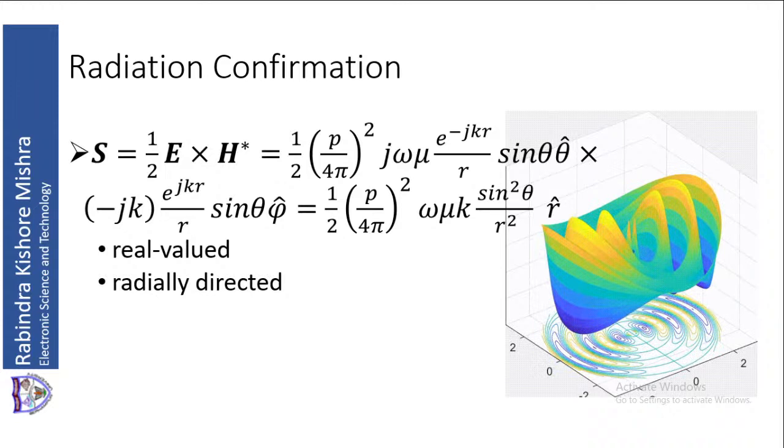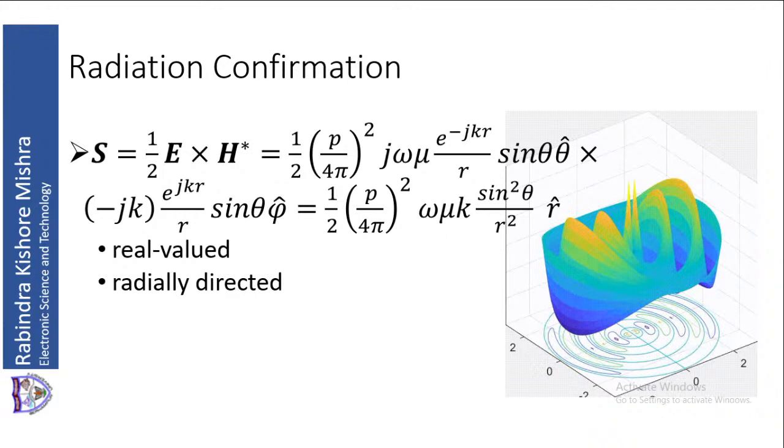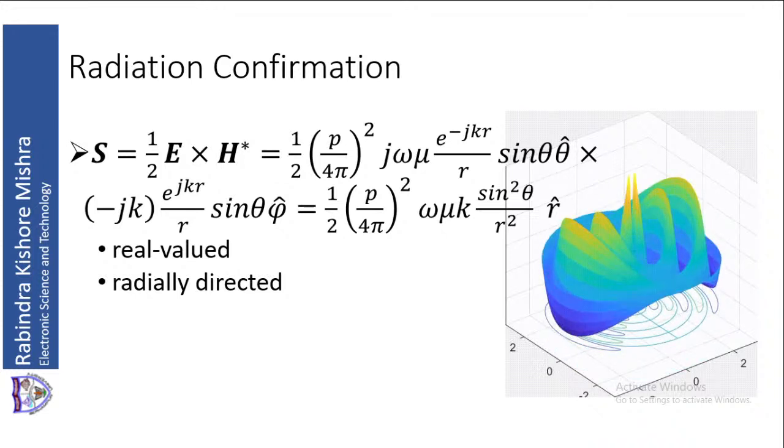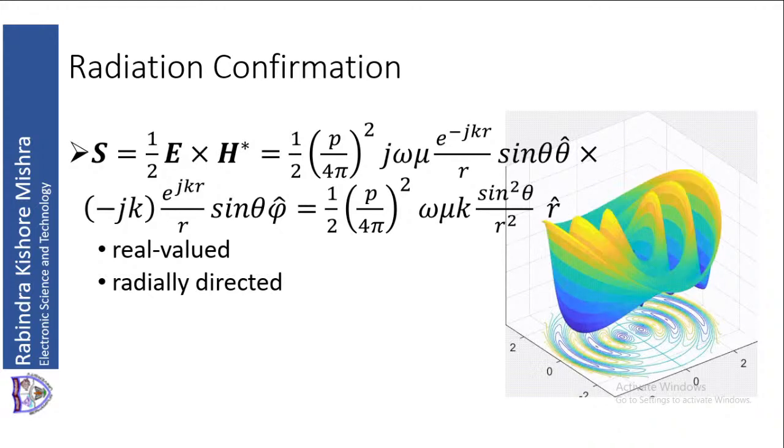That you can see here in this animation. We have an infinitesimal dipole, and from that dipole the field is propagating outward. So you can see energy propagation. Look at the bottom, the projection of the energy propagation onto the xy plane.